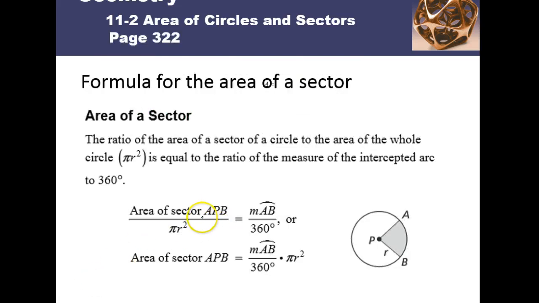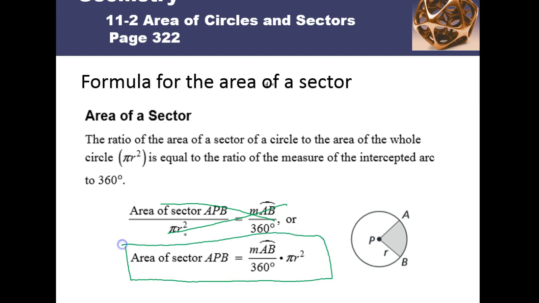Okay, so there are these two formulas here. I don't like this one at all. I like this bottom one. The area of a sector is the measure of the arc. So this is just like, remember the arc length formula was the measure of the arc over 360 times 2 pi r.